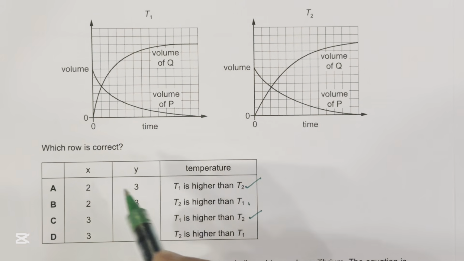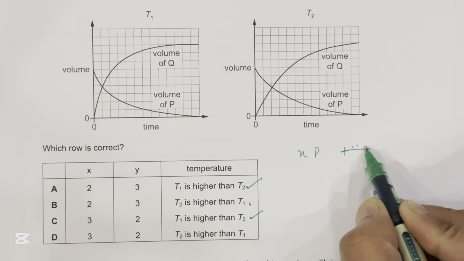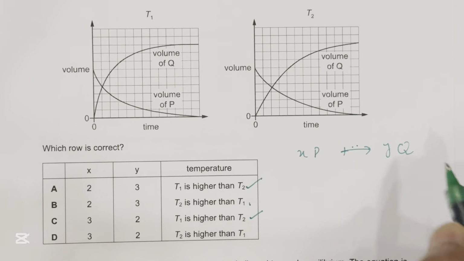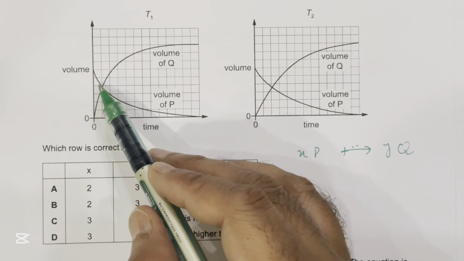Now we have to figure out the number of X and the number of Y. X is for P, and that would give you Y for Q. The volume of P would be less.